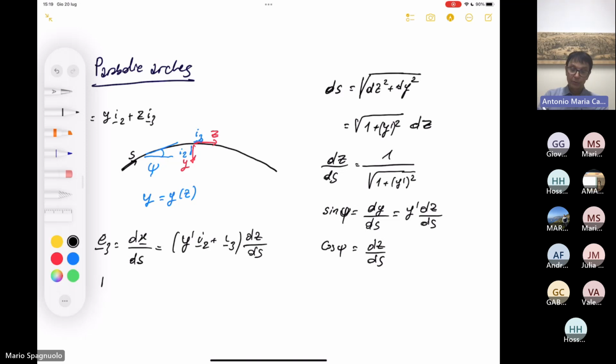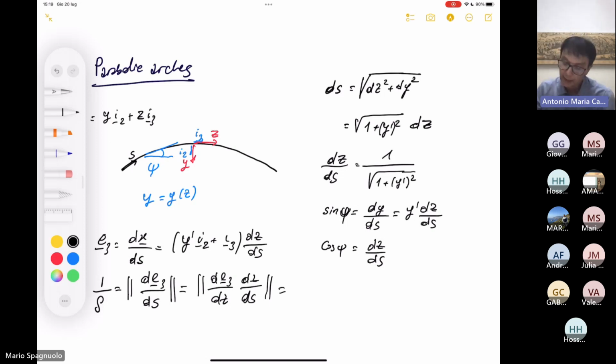And what about rho? 1 over rho, which is the curvature, is, as we know, the derivative of e3 with respect to s. But we can use the chain rule to compute this quantity as de3 over dz times dz over ds. And so by computing these derivatives that are easier to compute, we can finally obtain this expression that is given here.